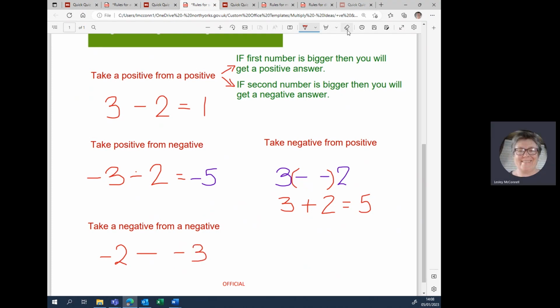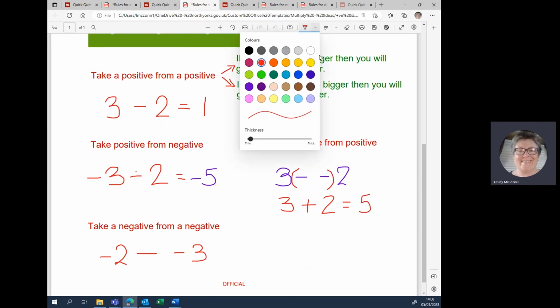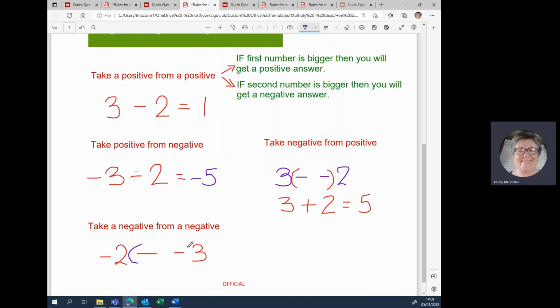So as you can see, we've now got that scenario again of 2 of the same in the middle. We've got a negative and a negative, which is going to make us a plus. We've got a negative 2 here, and we've got plus 3. So our answer here is going to be minus 2 plus 3 should come to the number 1.